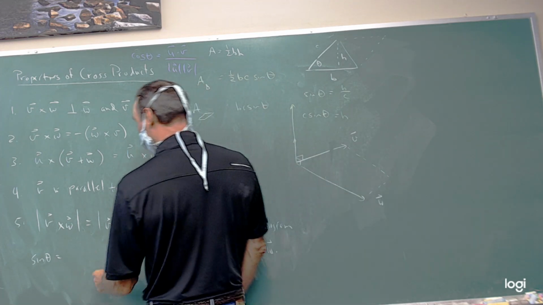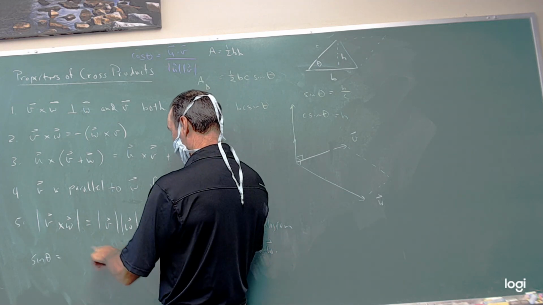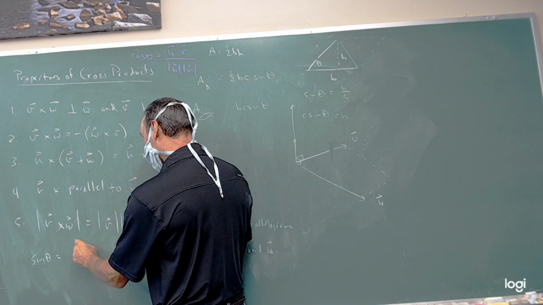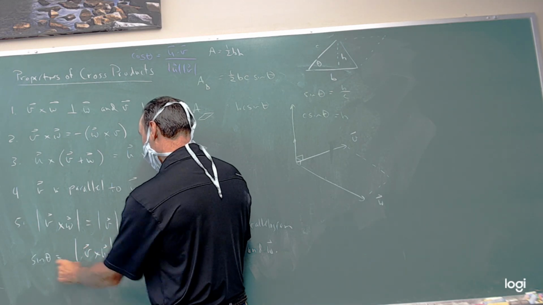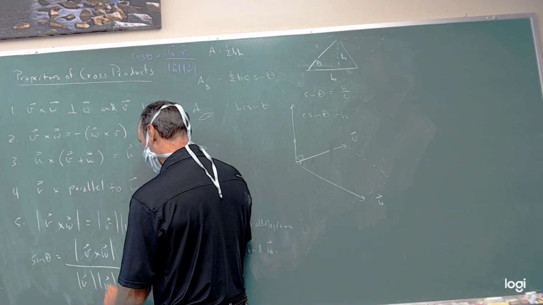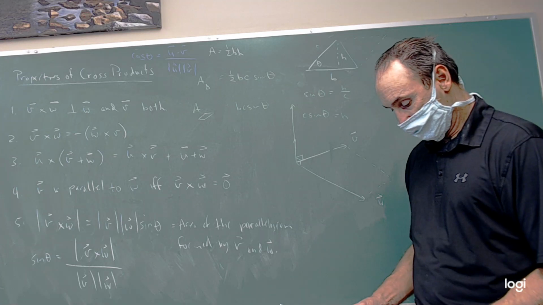Now, sine theta, you can see, is going to be the magnitude of that cross product vector over, and here again we have magnitude v times magnitude w. Kind of interesting, isn't it?